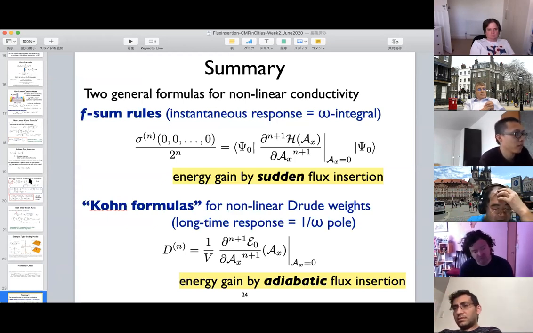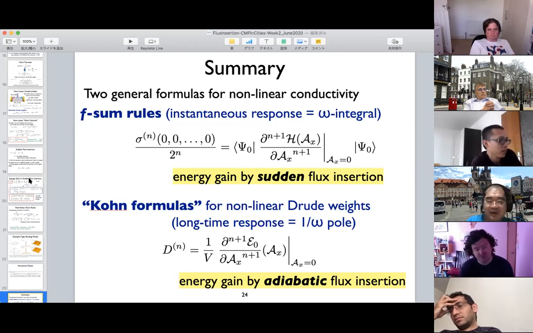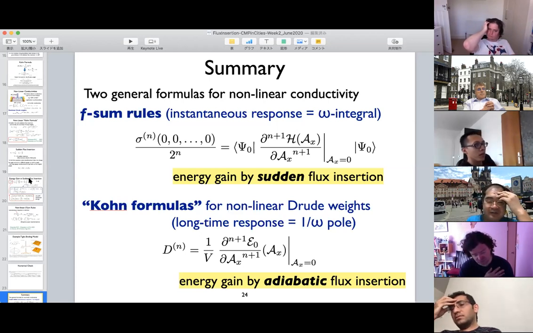Of course, in a realistic system, a real material, there should be some extra coupling to the external environment in addition to this kind of spectrum. Then there are relaxations.